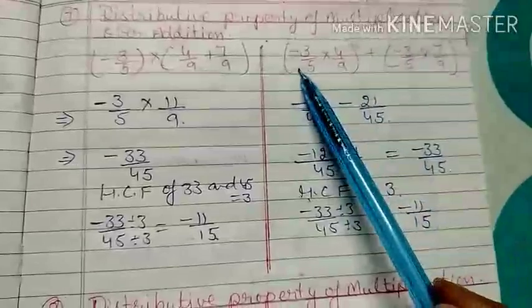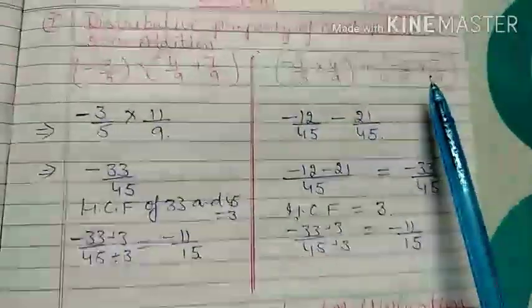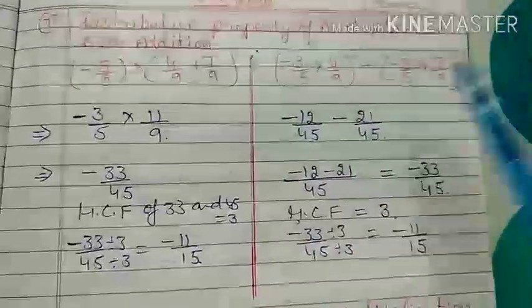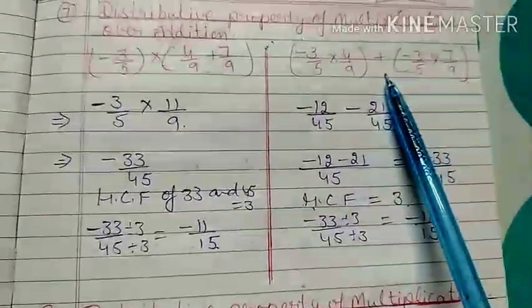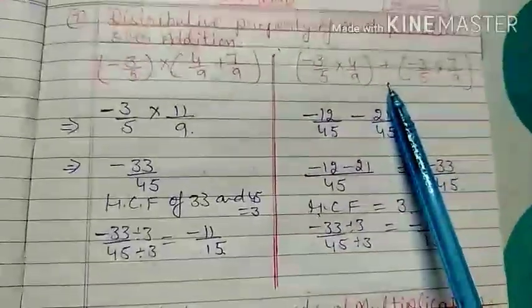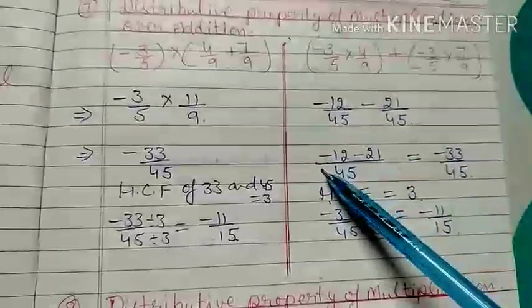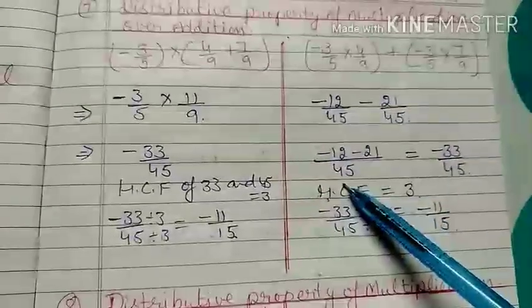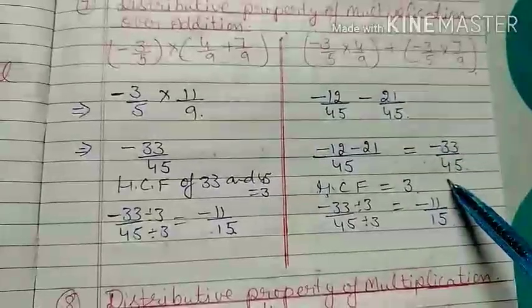Here when I multiply this, I got minus 12 by 45. When I multiply minus 3 by 5 into 7 by 9, I got minus 21 by 45. When you multiply negative with positive, your answer will be negative. That gives you minus 12 minus 21 by 45, and when you add this, minus 33 by 45.